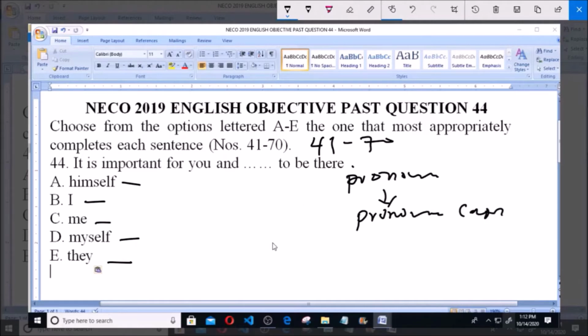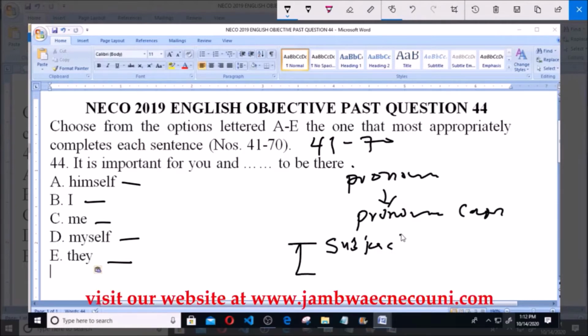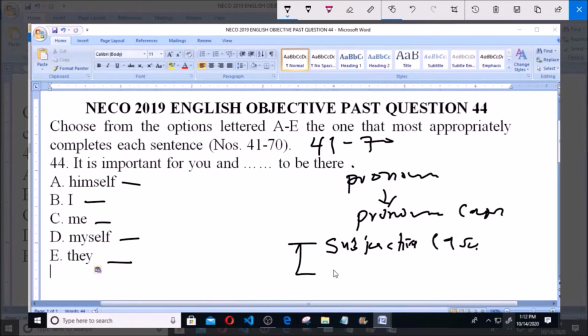And under pronoun cases we have what we call subjective case, and we have what we call objective case of pronoun.